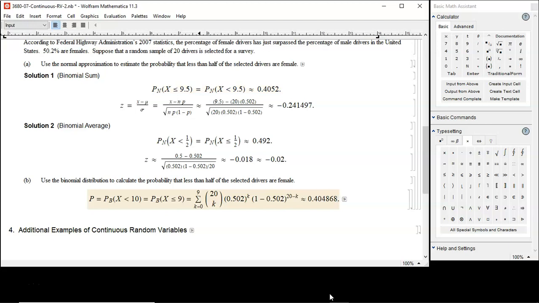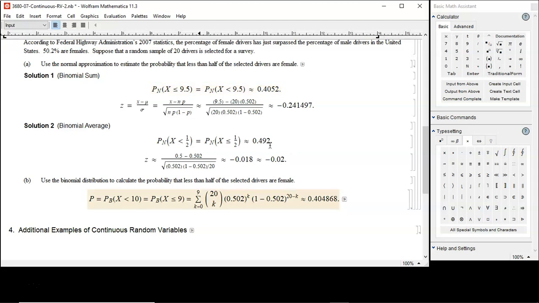It's not bad at all, right? If you use a normal approximation of binomial sum, then the straight ahead computation for binomial distribution, that comparison yields pretty good approximation.